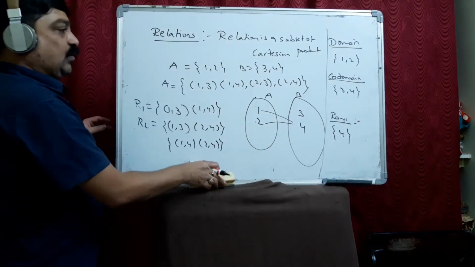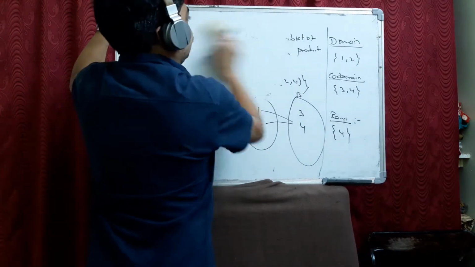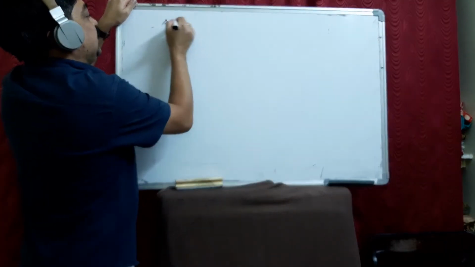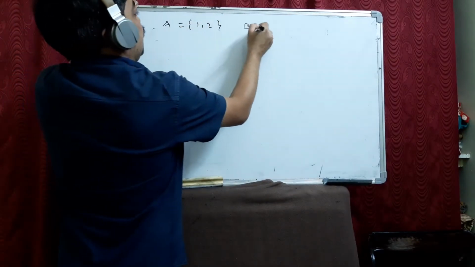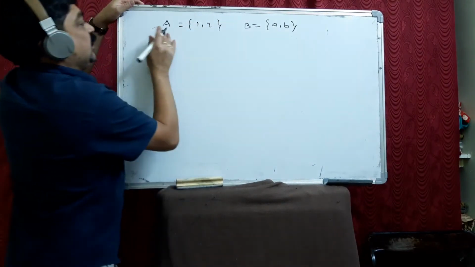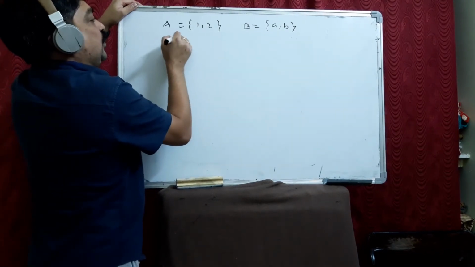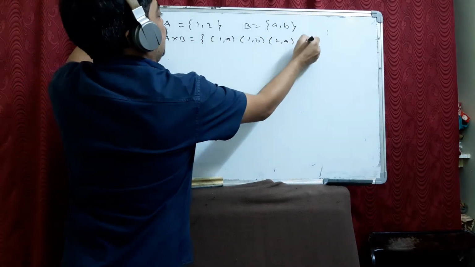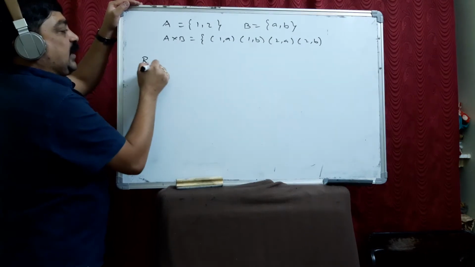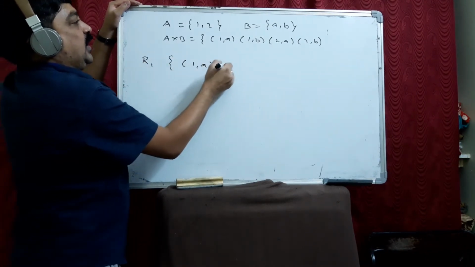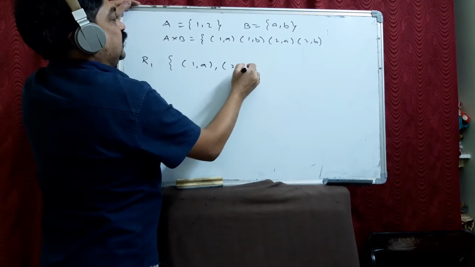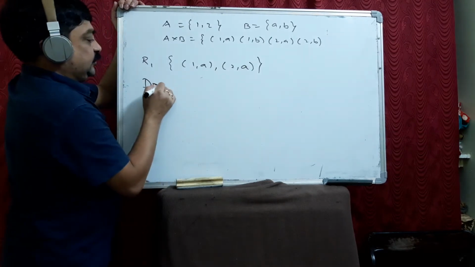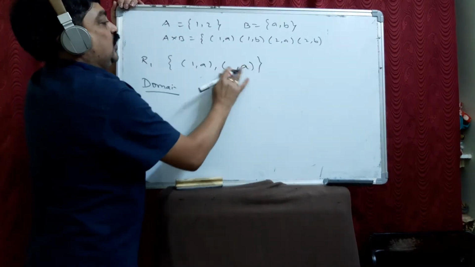We do different examples now. Suppose A is {1, 2} and B is {a, b}. We know A cross B is (1,a), (1,b), (2,a), (2,b). Let us take a relation R1 such that (1,a) and (2,a). What is the domain?